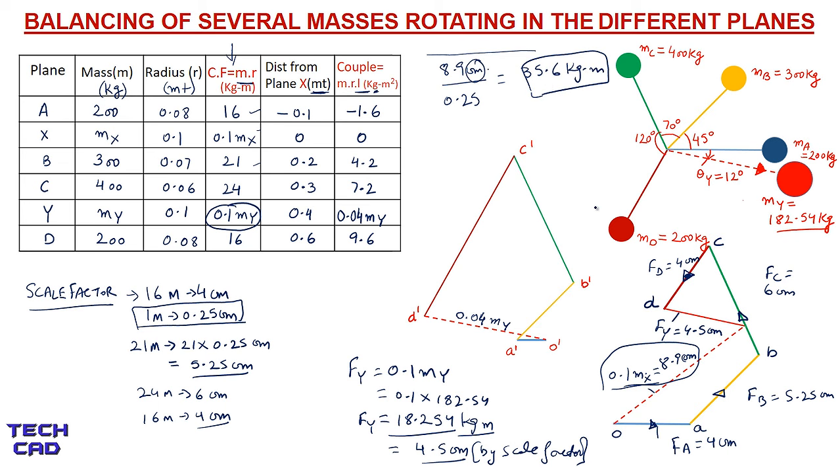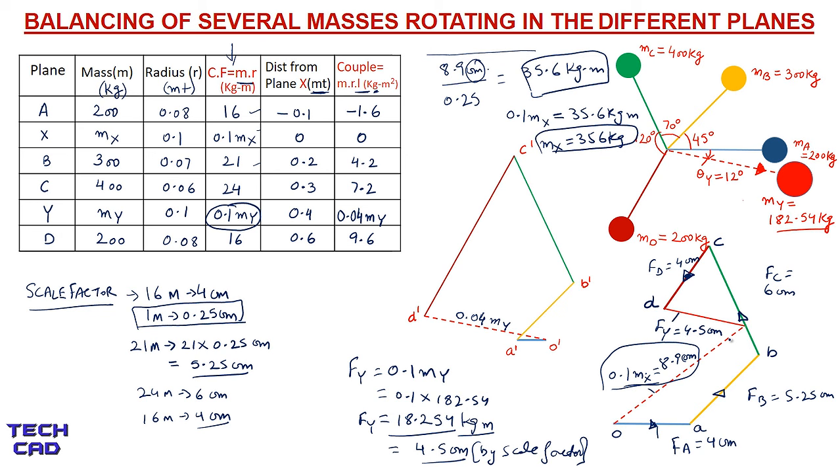Now 0.1 Mx is equal to 35.6 kilogram meters. With the help of that we can find out Mx equal to 356 kilogram. So this is the magnitude of the balancing mass in the x plane.